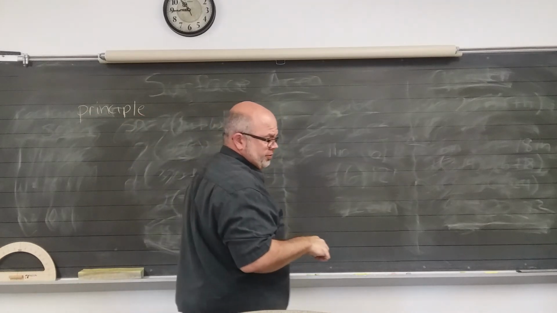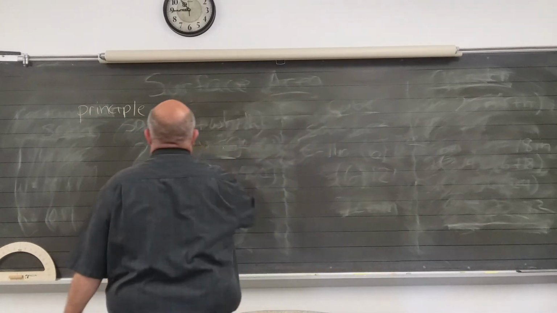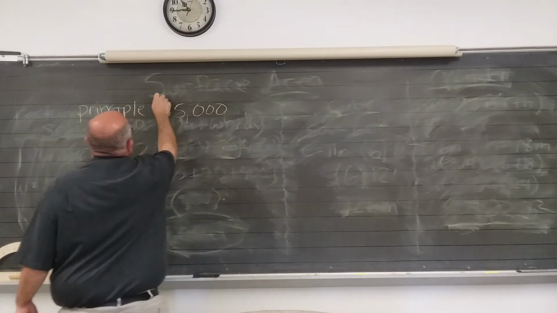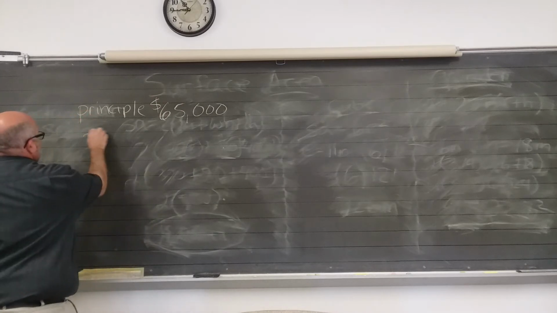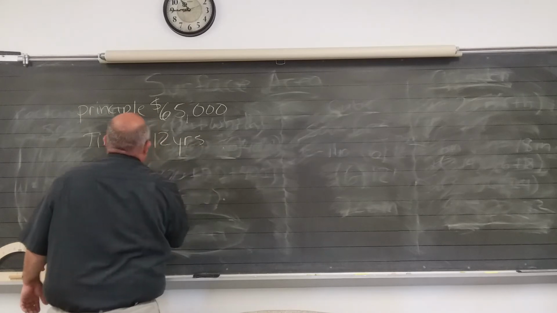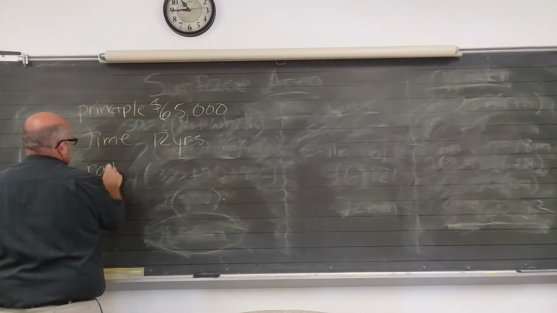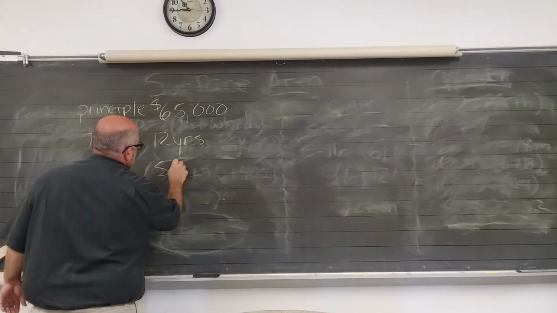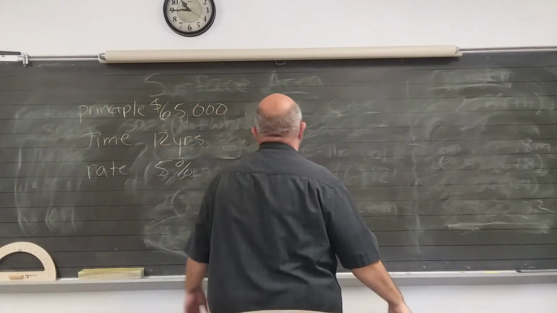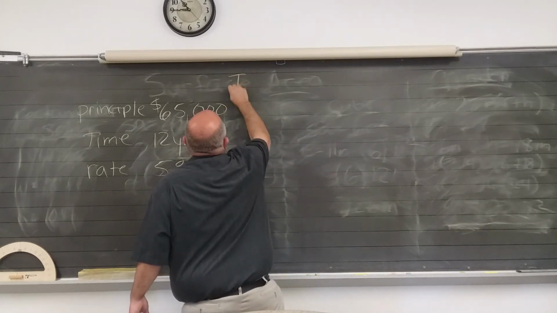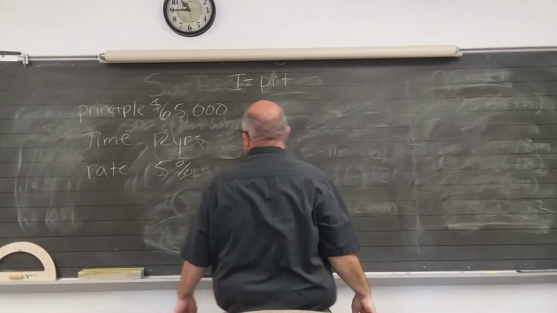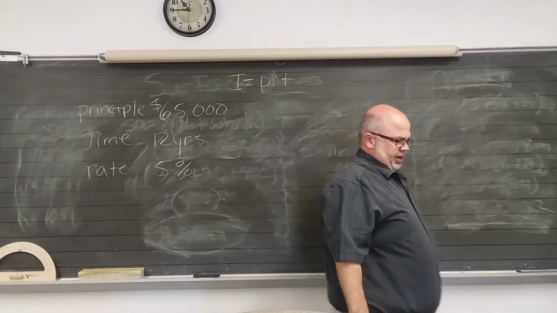Yes. $65,000, time 12 years, a rate of 5%. So interest equals PRT, right? Principal times rate times time.